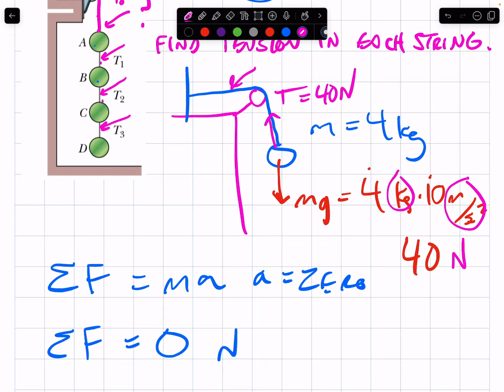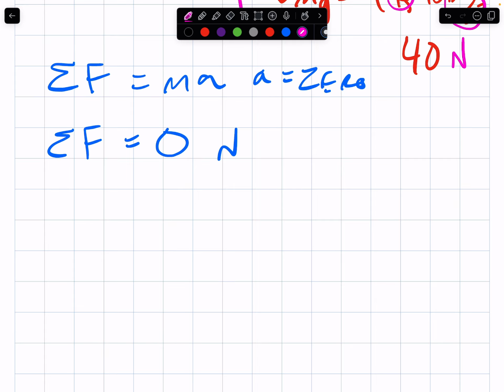All right. The total forces in the downward direction have to equal the total forces in the upward direction. So if mg is 40 newtons, then T has got to be 40 newtons, right? Or if you wanted to write this out, we can do that. Again, net force is ma.